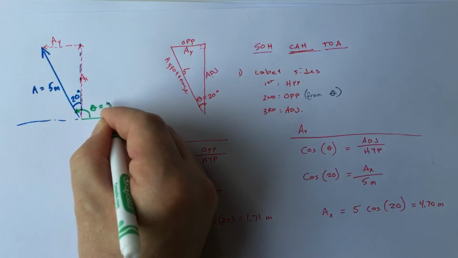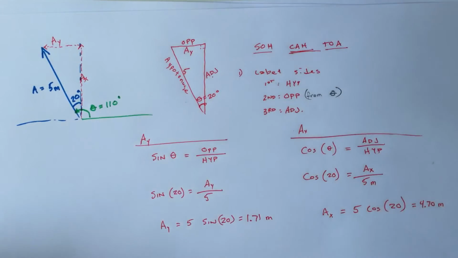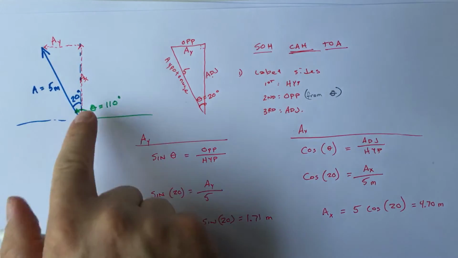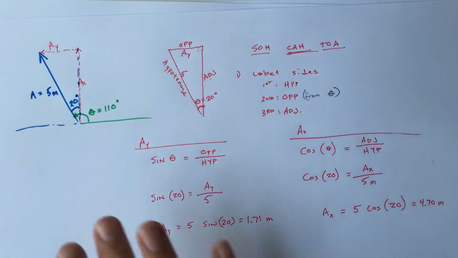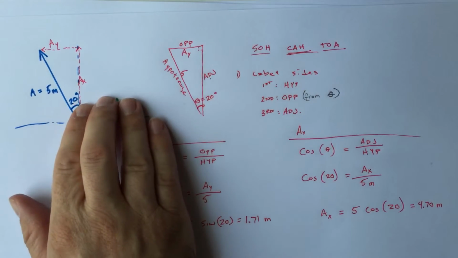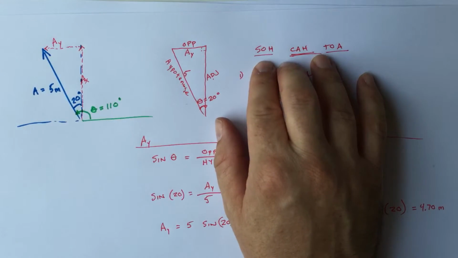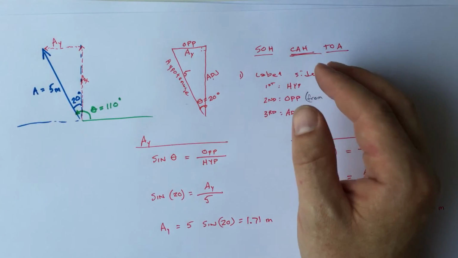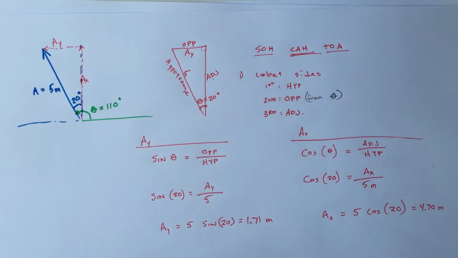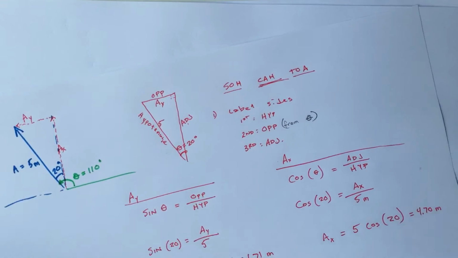So your theta would have to equal 110 degrees if you're going to use the data book's equations. Or you can scrap those and use SOHCAHTOA if that's something that you're familiar with. And I think that works well too. So it's your decision there. All right.